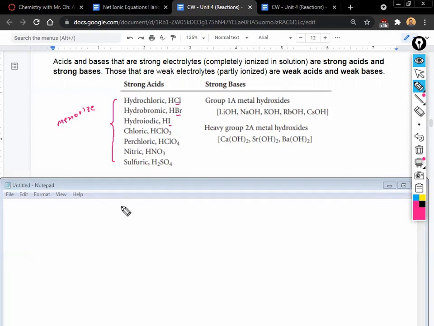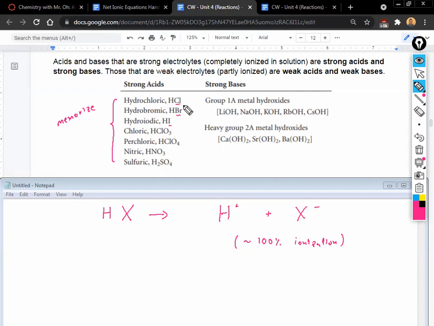Basically, what this means is that if you put any of these strong acids, sometimes noted like this, HX, in water, they will completely break down into the positive ion and the negative ion. It's going to be almost 100% ionization. So almost every one of these acid molecules will break down into H plus and whatever the anion was.